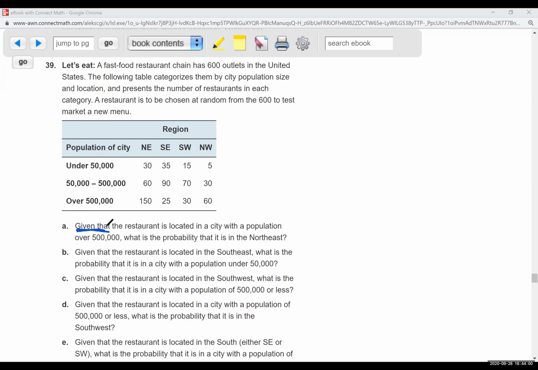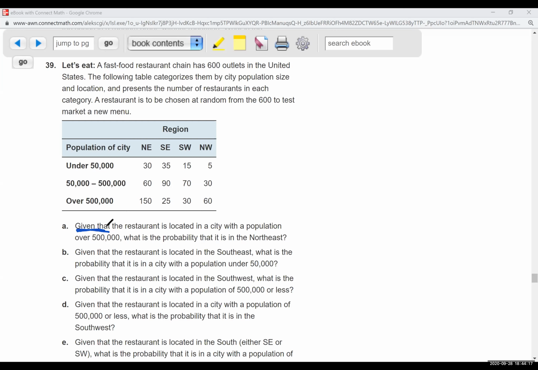What did I say whenever you see that hint, given that? Do you remember? That it becomes the denominator.